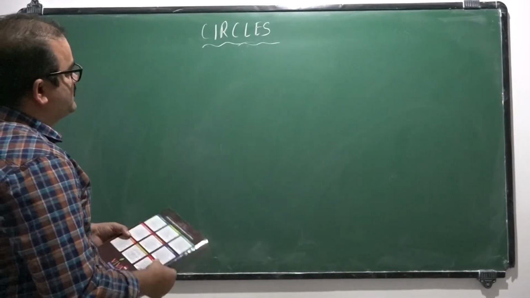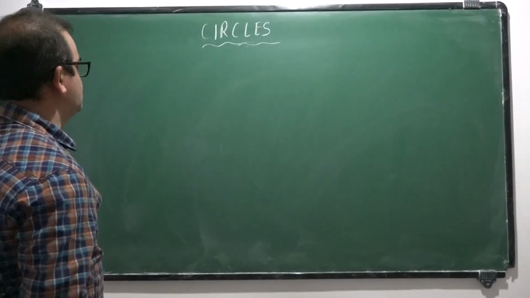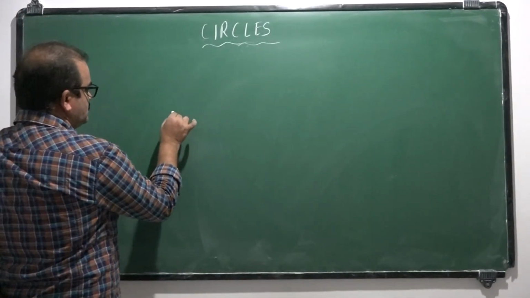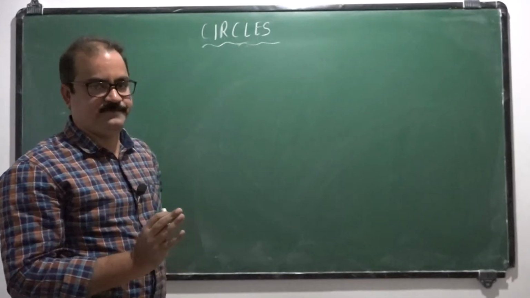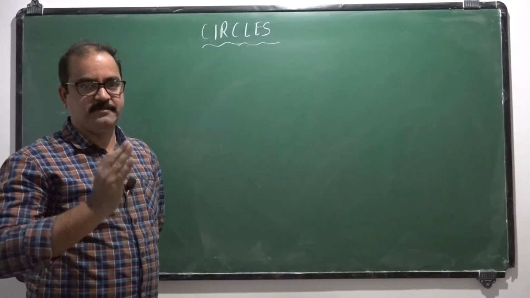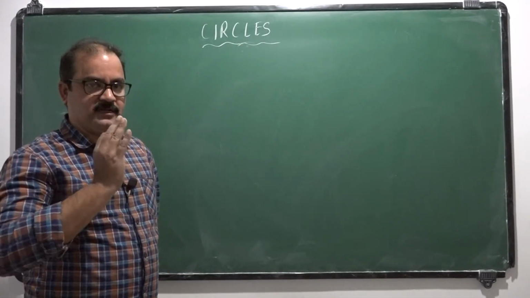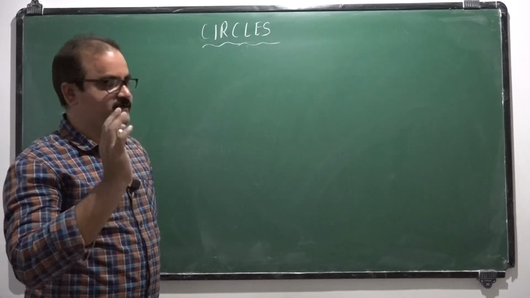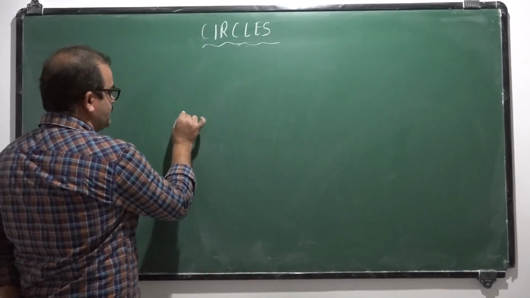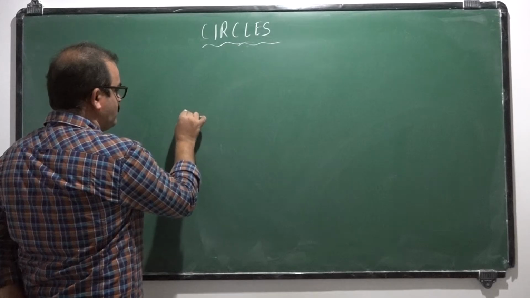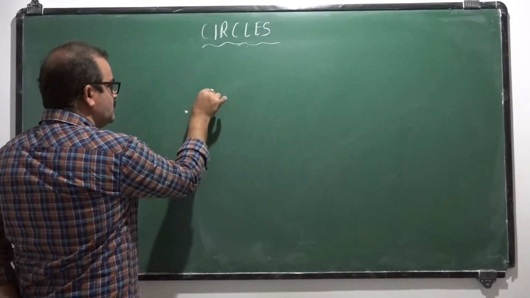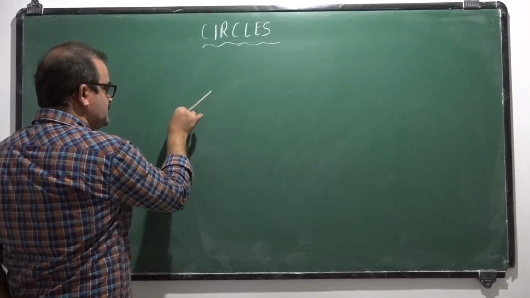Okay, first of all, we discuss what is meant by a circle. A circle is a set of points in a plane which are at a constant distance from a fixed point. Take the fixed point. Take the constant distance.